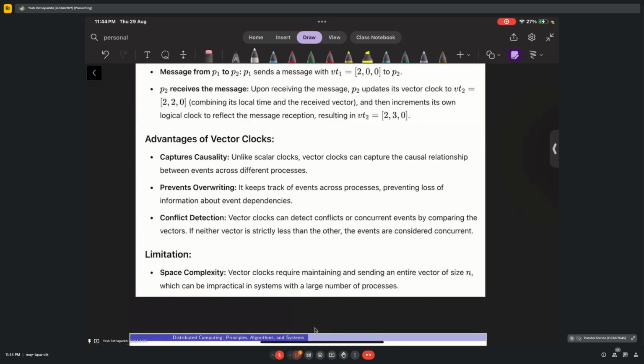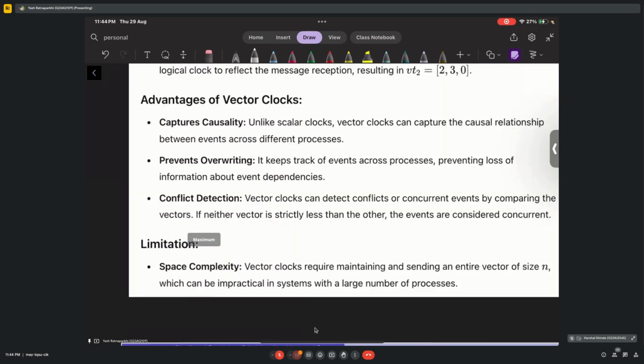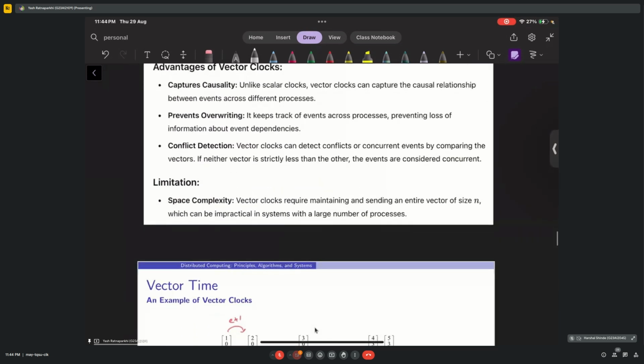Okay. So the advantages of vector clock: it captures causality. Unlike scalar clocks, vector clocks can capture the causal relationship between events across processes. It prevents overwriting and detects all the conflicts. But again, there is a tremendous amount of space being taken up.